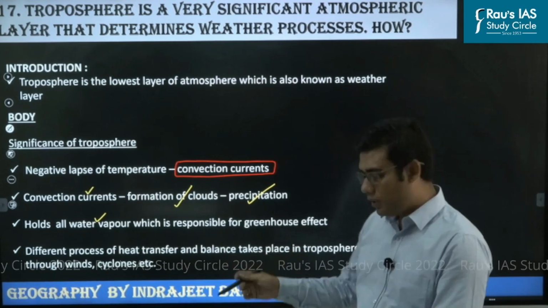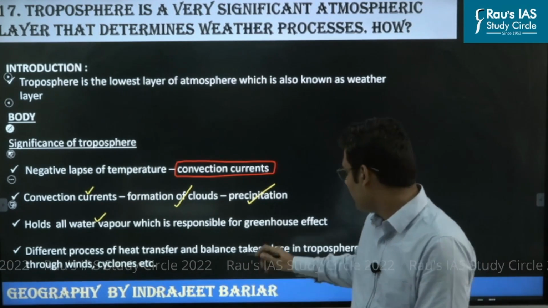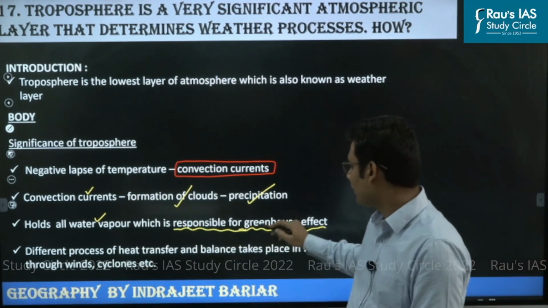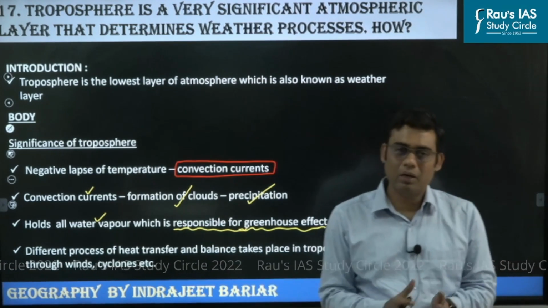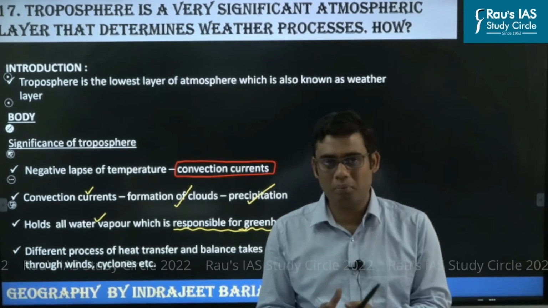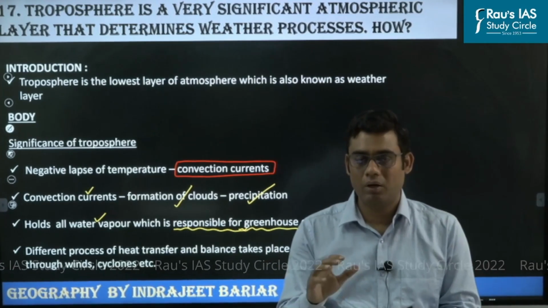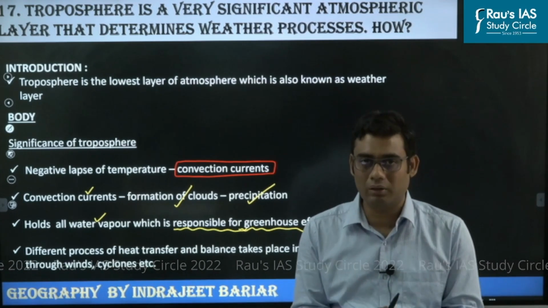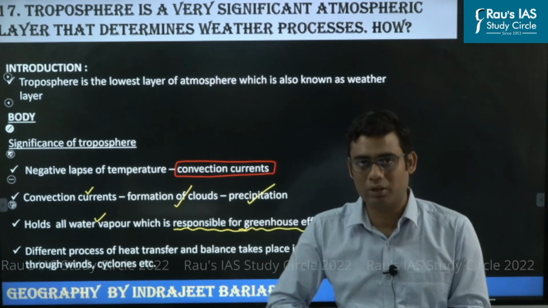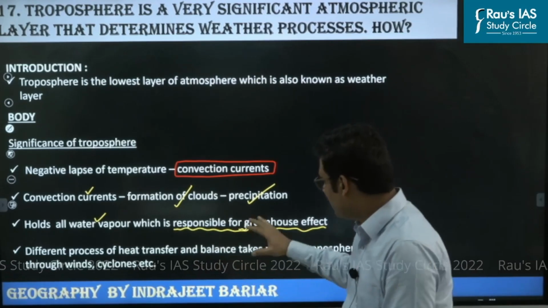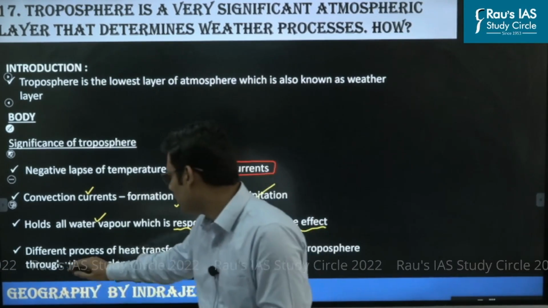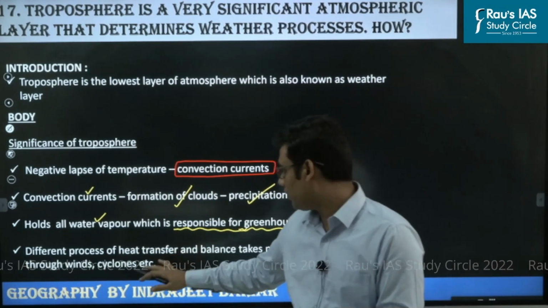So we'll write in a positive way that it is responsible for the greenhouse effect, where the greenhouse effect is very important for maintaining optimum temperature on the earth, warming the earth, not the extraordinary warming that we call global warming, but generally keeping the earth warm.